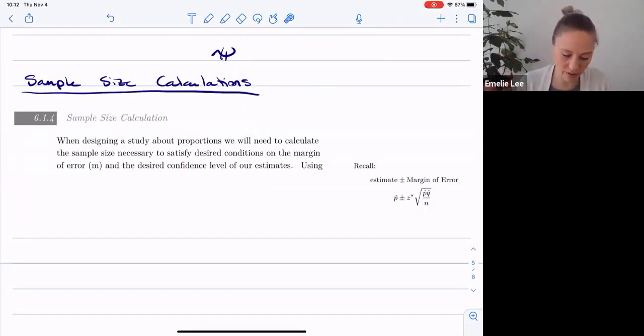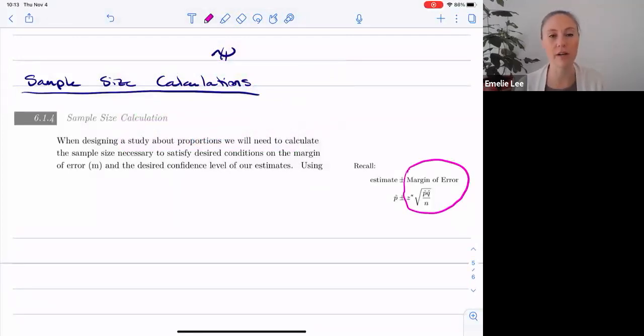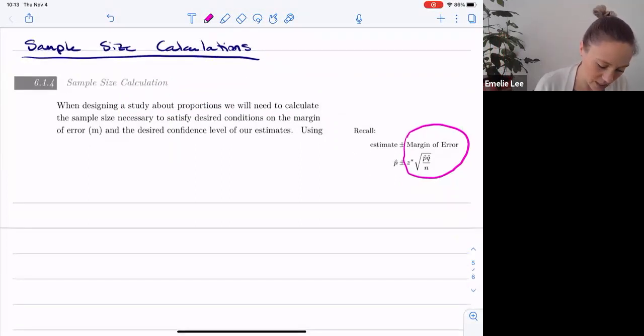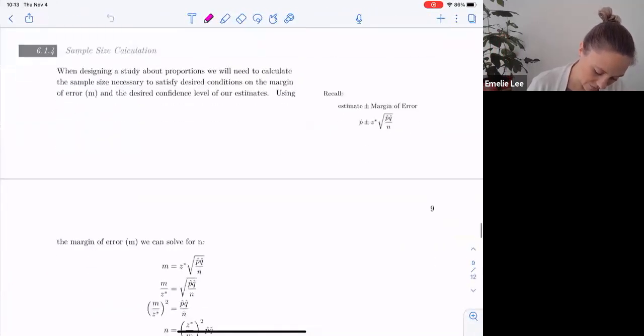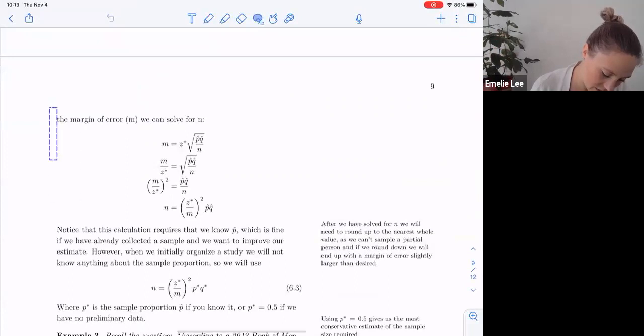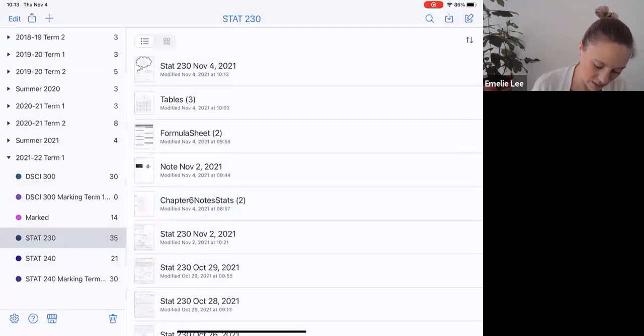Remember that the margin of error is this plus-minus chunk in the confidence interval. So how wide are you allowing the bounds to be? I could calculate the sample size that I would need.